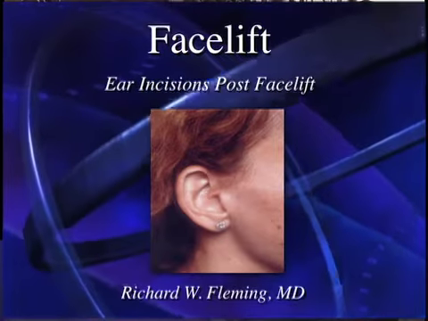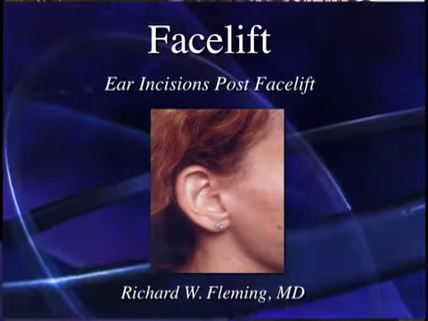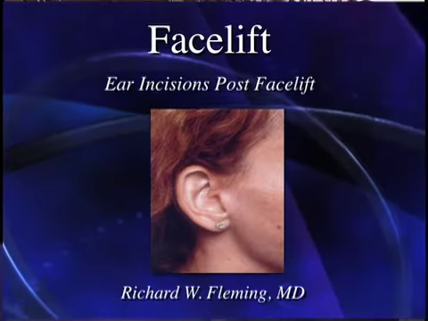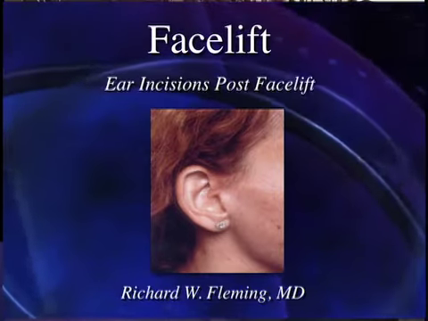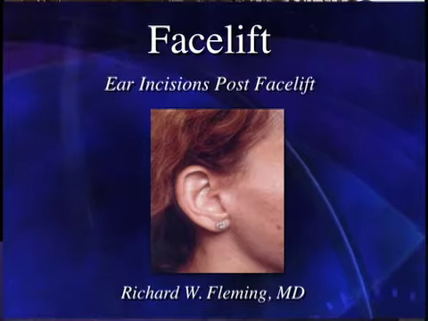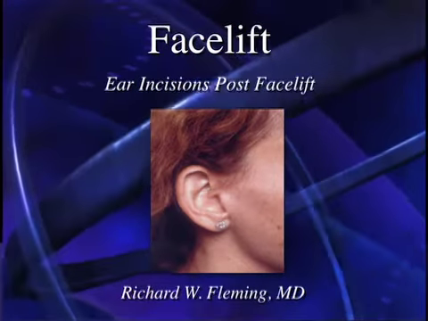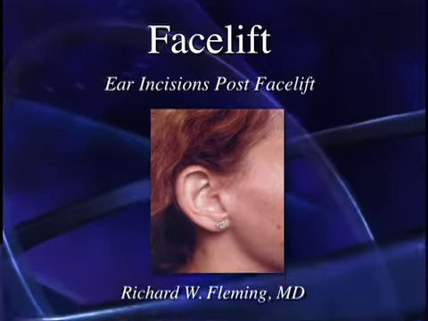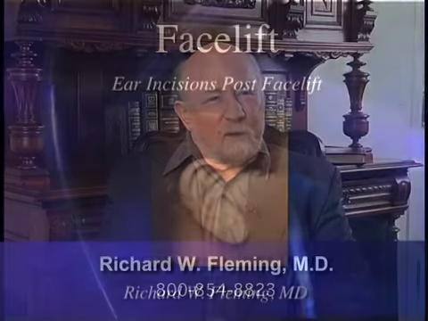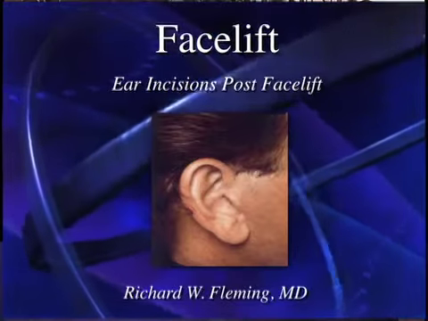The incisions around the ear are very critical in terms of camouflage and what is accomplished. We make the incision within this tuft of hair that occurs in a woman or in a sideburn in a man. We don't want to change hair distribution because that can cause tremendous styling problems for the lady. Then in front of the ear, we don't make the incision actually in front of the ear.